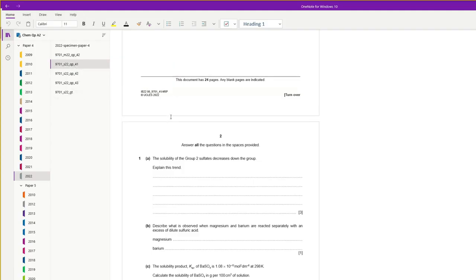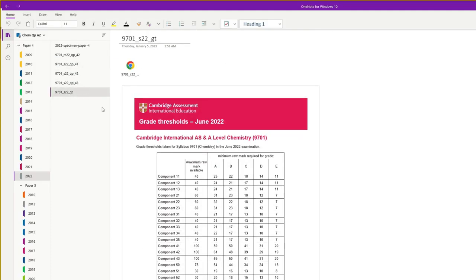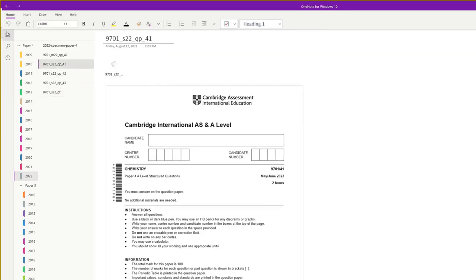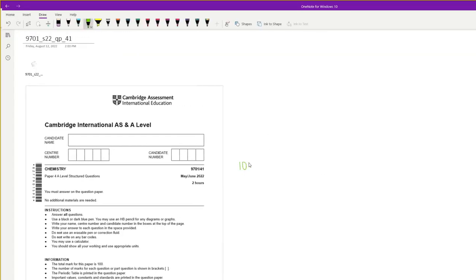Before we start, let's take a look at the threshold. For paper 4.1, the maximum raw mark available was 100, right? So 4.1 and 4.3 had the same threshold. A was at 59 and B was at 50. So out of 100, A was at 59 and B was at 50.